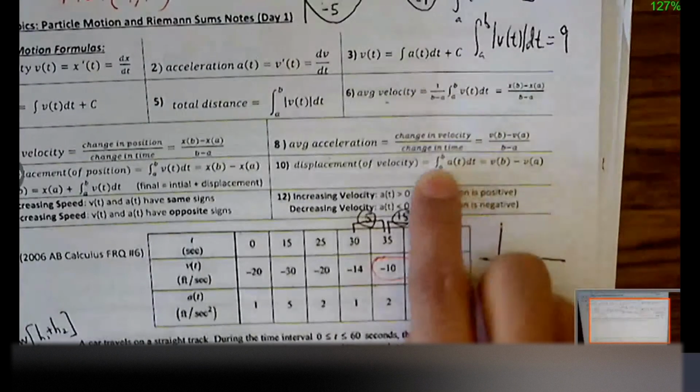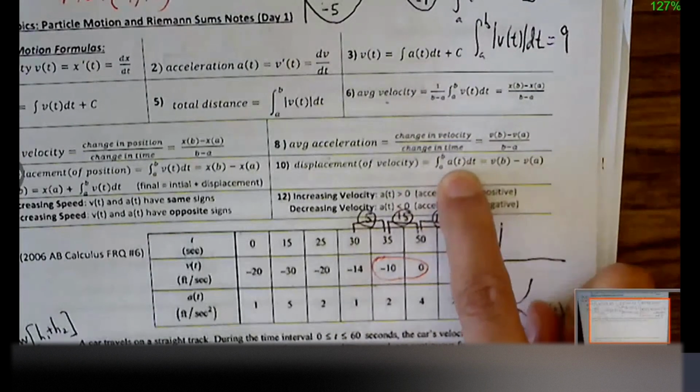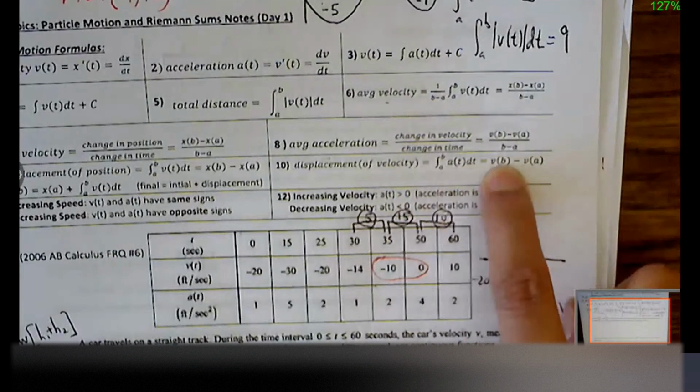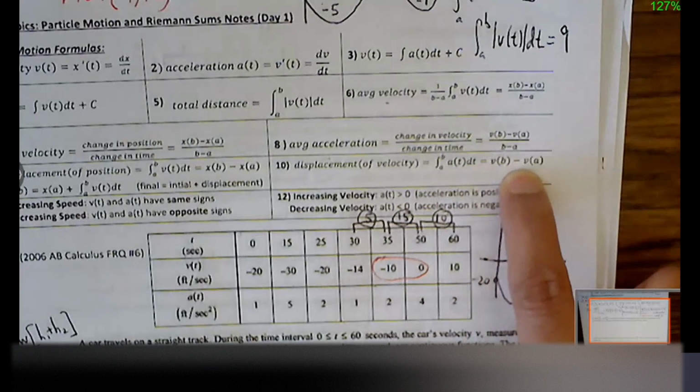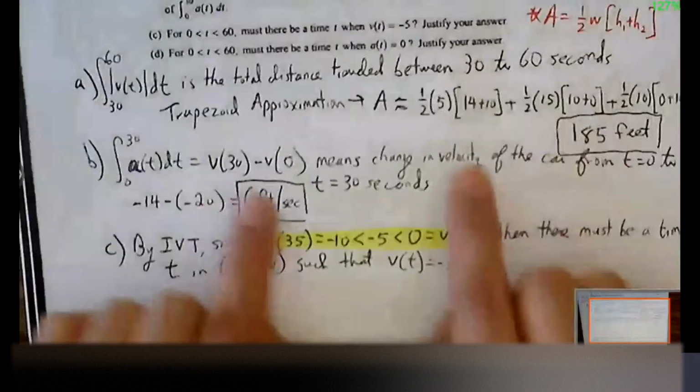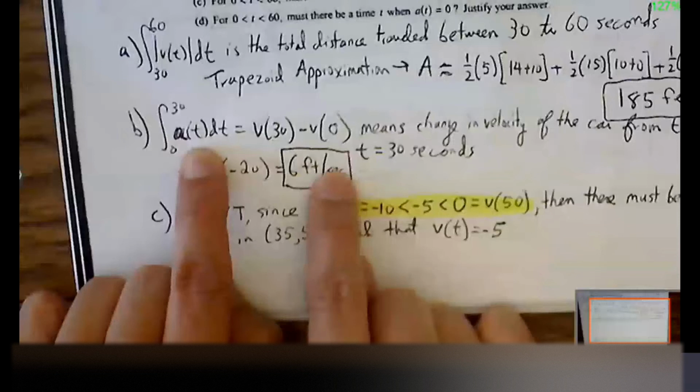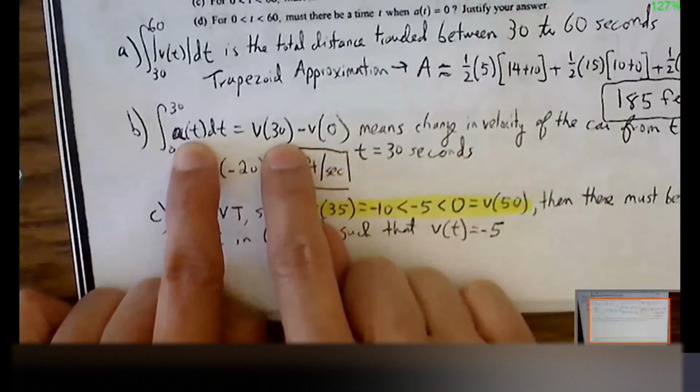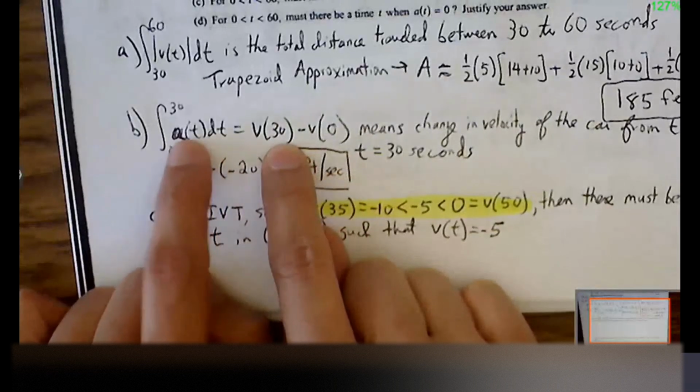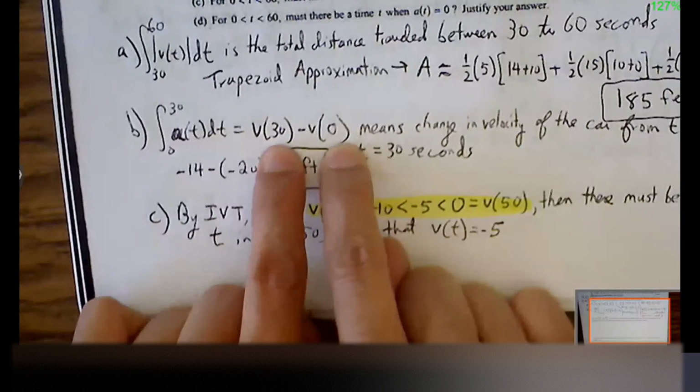We can push that integral up to v of t, and then we can say the integral of a of t is just v of b minus v of a. So that means the integral of a of t from 0 to 30 is just going to be v of 30 minus v of 0.